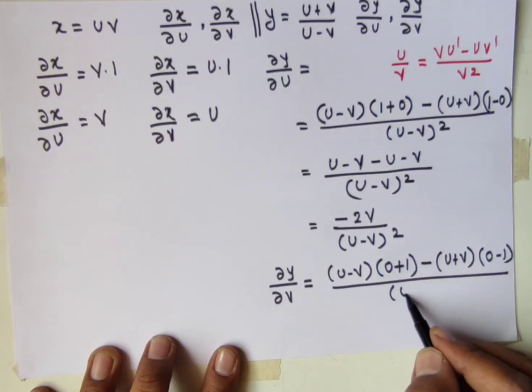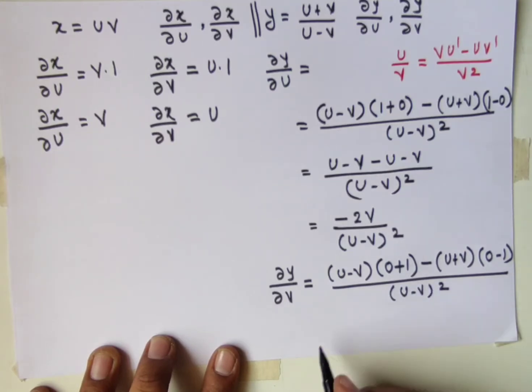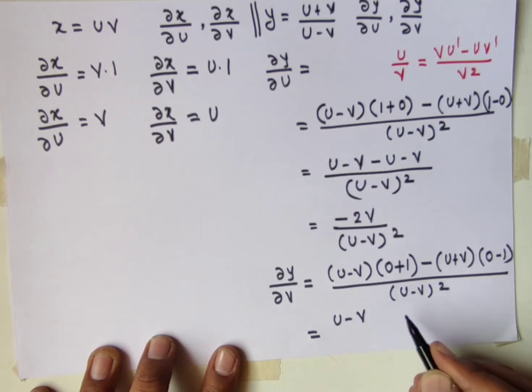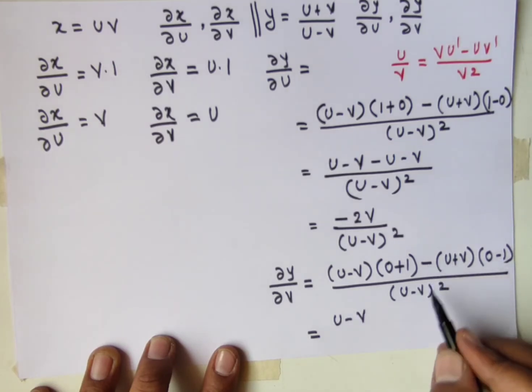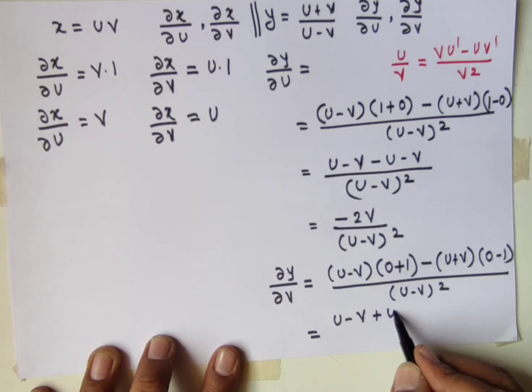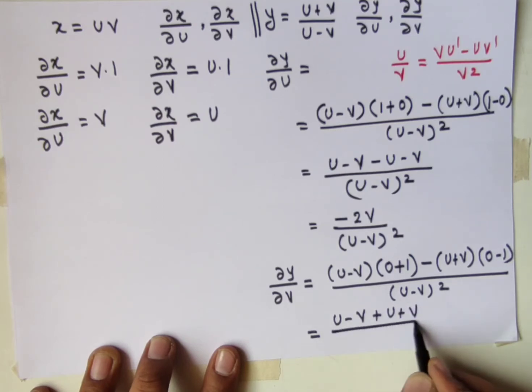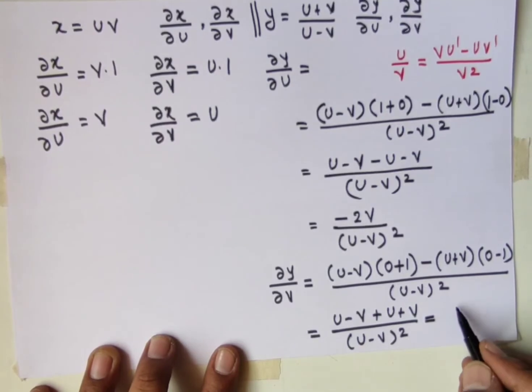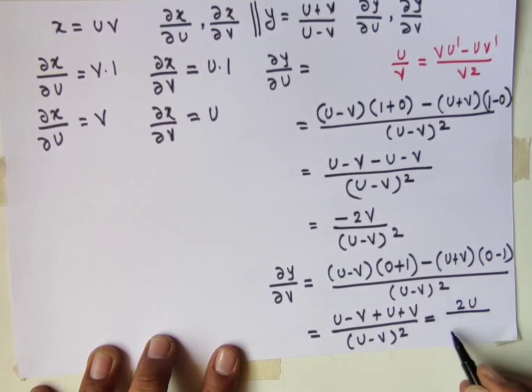The denominator is (u minus v) the whole square. After simplifying, this minus minus becomes plus, so we get (u minus v) plus (u plus v) upon (u minus v) the whole square, and that is equal to 2u upon (u minus v) the whole square.